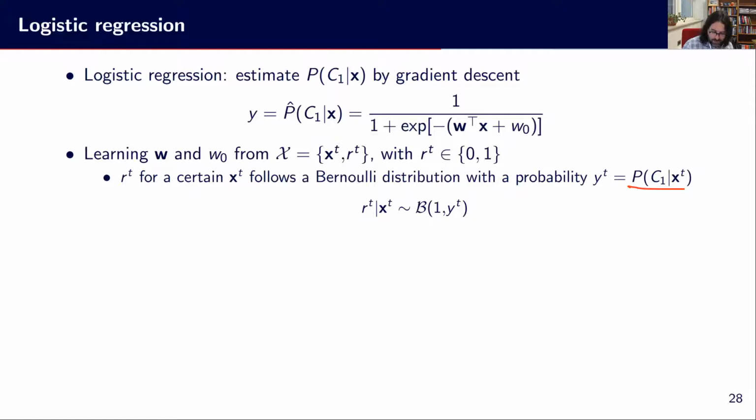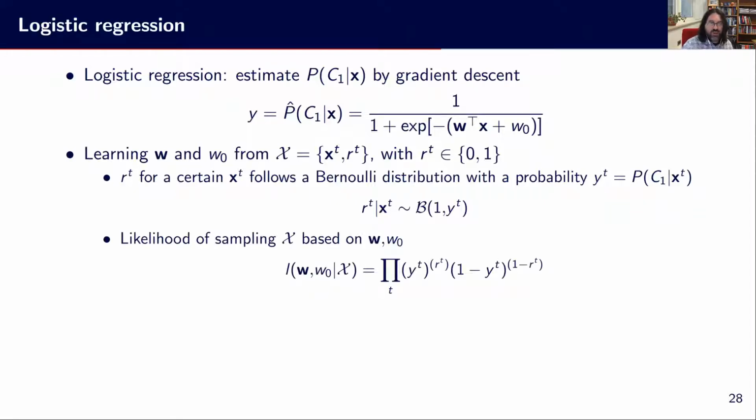So basically, RT is following a Bernoulli distribution parameterized by the YT here, for the specific XT that we have at N. For a different XT, the values are different, of course, because the posterior is different for different XT.